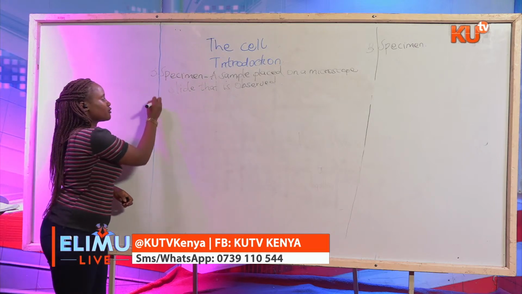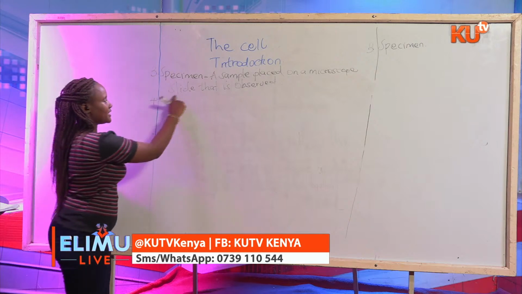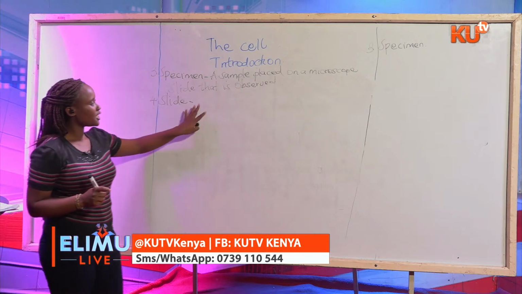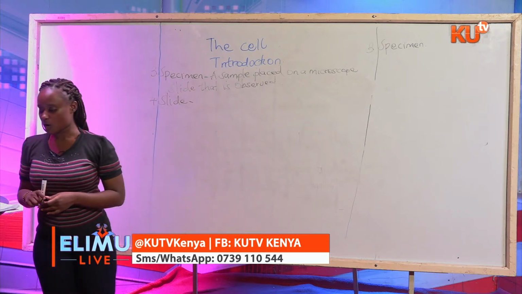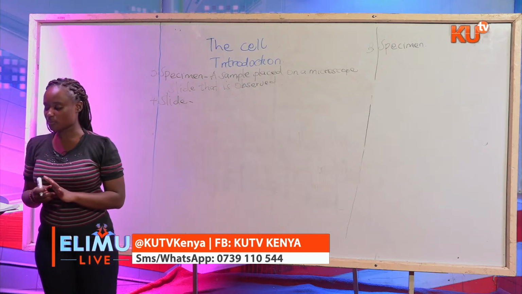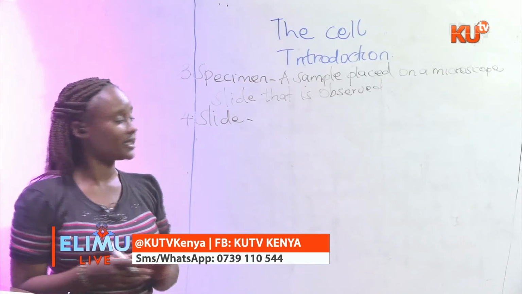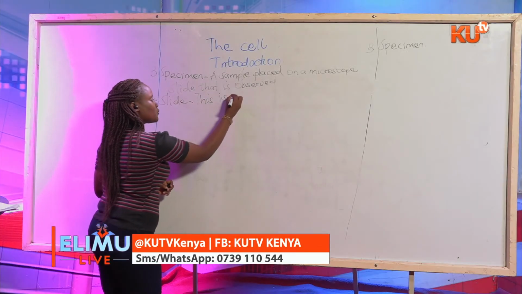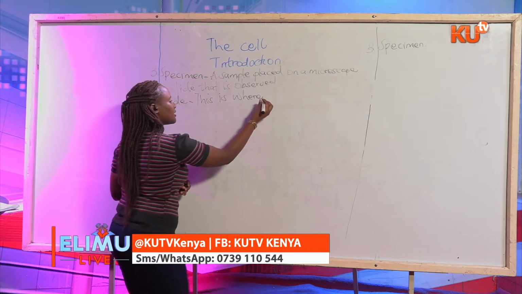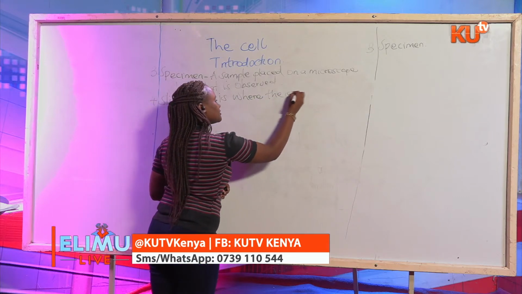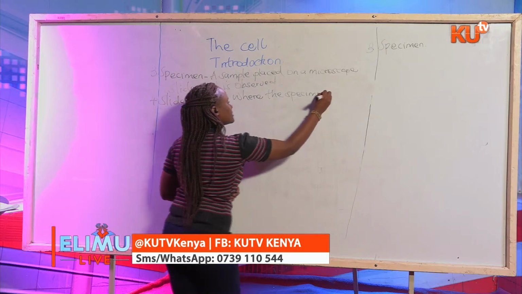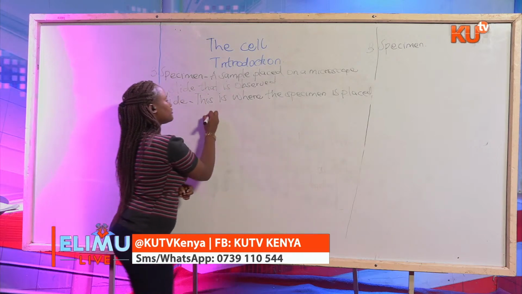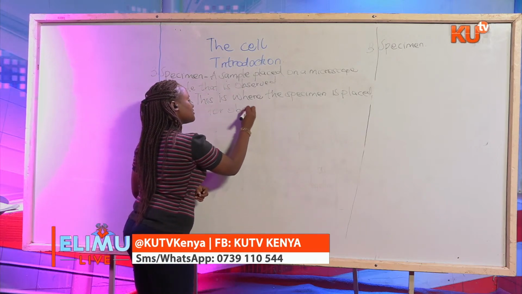Now we go to the fourth one. We have the slide. What is a slide? It is a flat rectangular piece of glass where the specimen is placed for observation.